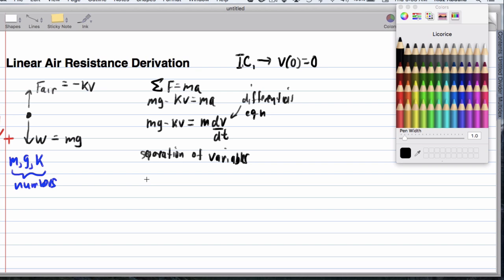So I'm going to multiply both sides by dt, and then I'm going to divide both sides by mg minus kv.